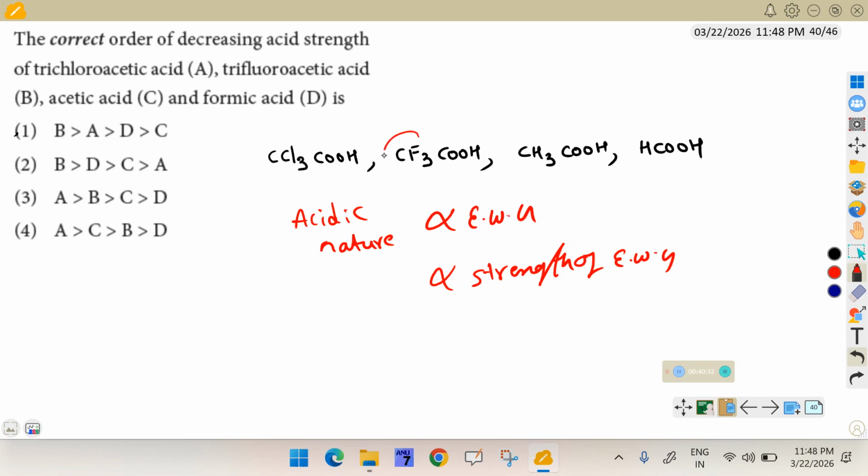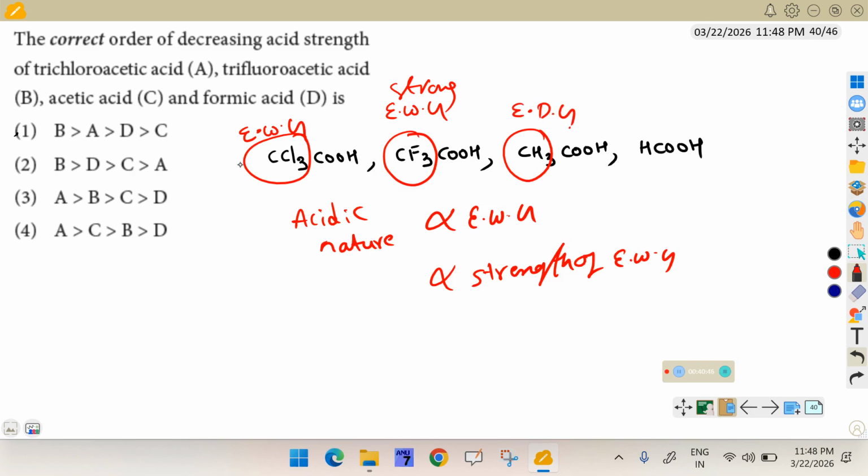CF3 is a strong electron withdrawing group compared with CCl3. CH3 acts as an electron donating group. Now the correct one: B, A, D, C. First option is correct. Hydrogen is neither an electron donating group nor an electron withdrawing group.